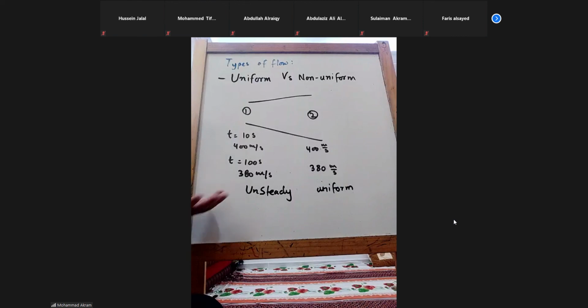So you can understand from the examples, right? Unsteady means parameters are changing with time. Uniform means only velocity changing or not changing with the space, position, different locations. Okay.